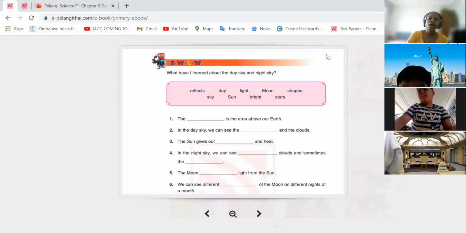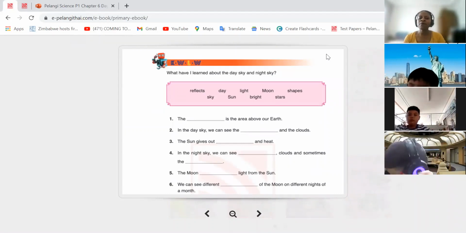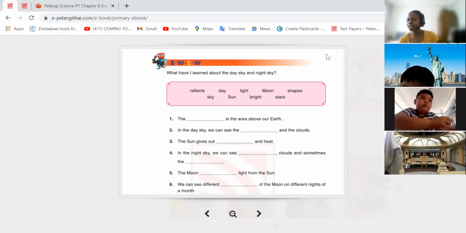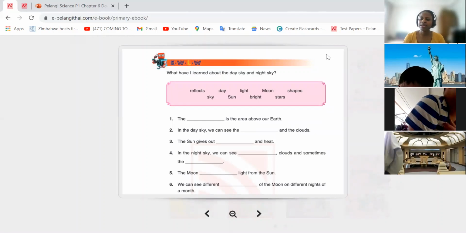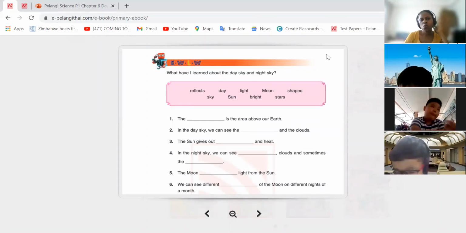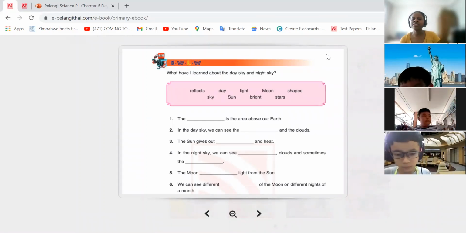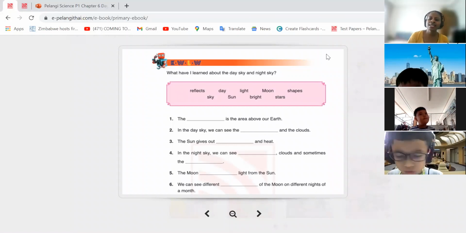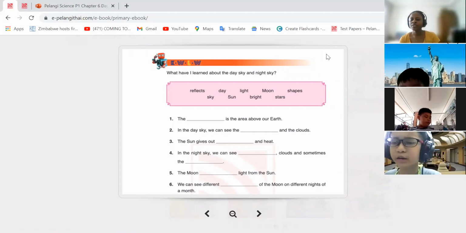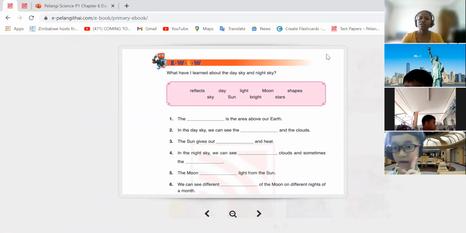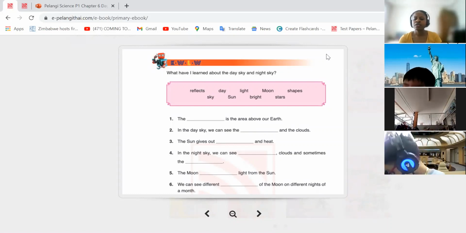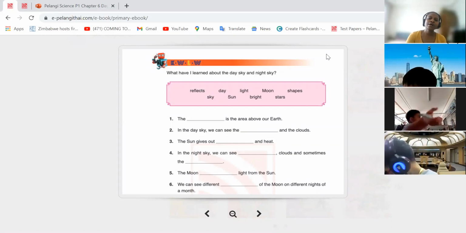All right. What have I learned about the day sky and the night sky? Yes, this is page 99. For now, let's just focus on this.